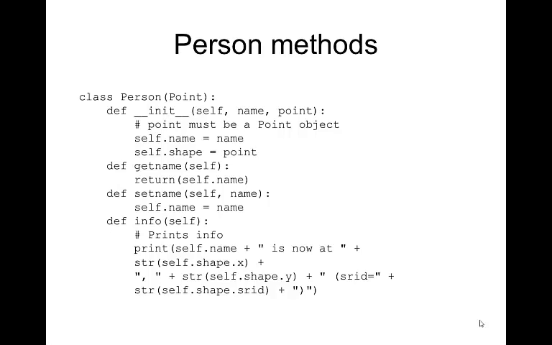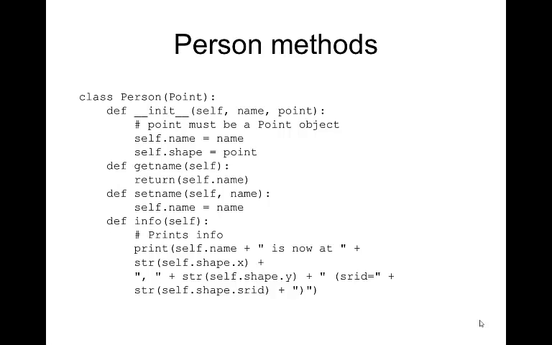But here's an example of another method which is providing information on a person. It just prints out a set of information to the screen about a person object. So you do myperson.info, and it will print out the name of the person and that they are now at the X location of the shape attribute in the person.